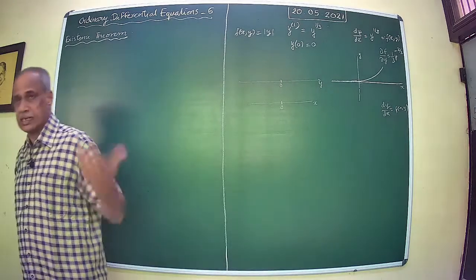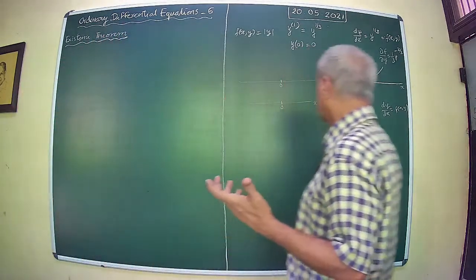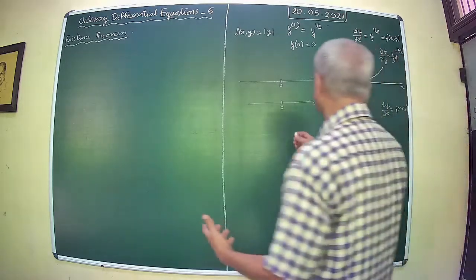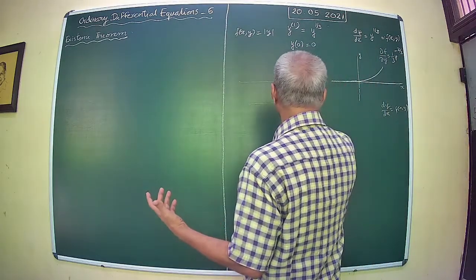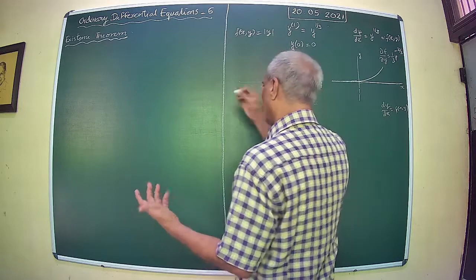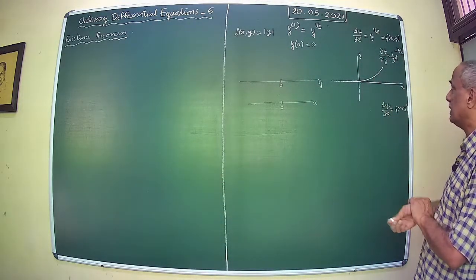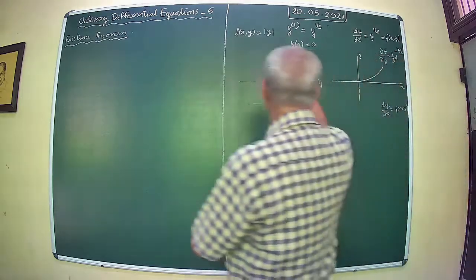So that's a sort of dynamical scenario that you have. Therefore, if it is positive, it will start moving in this direction. If it is negative, it will start moving backward. That is what happens.